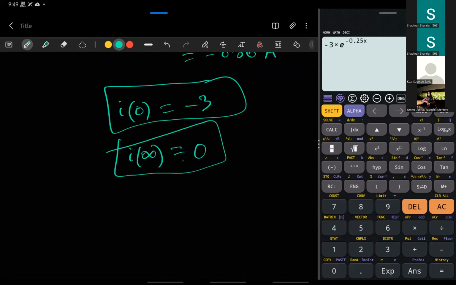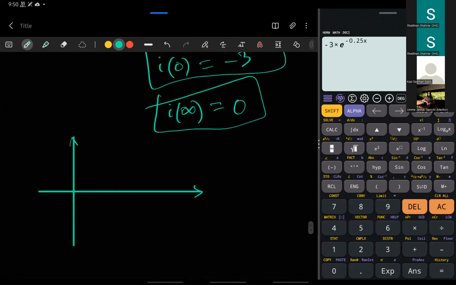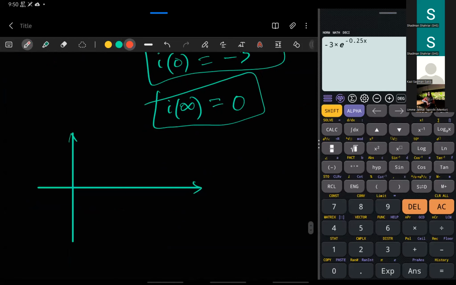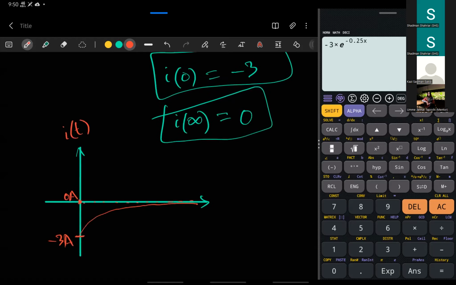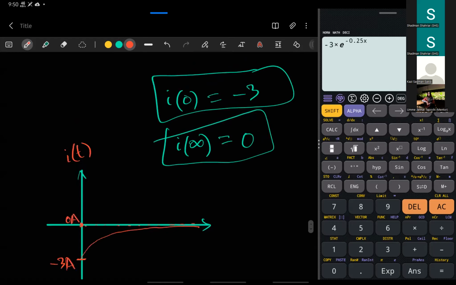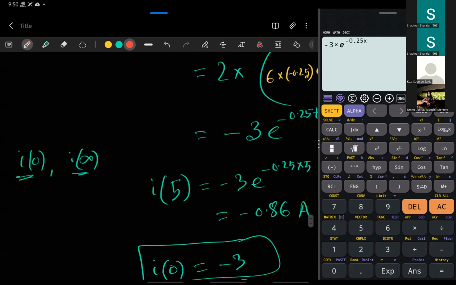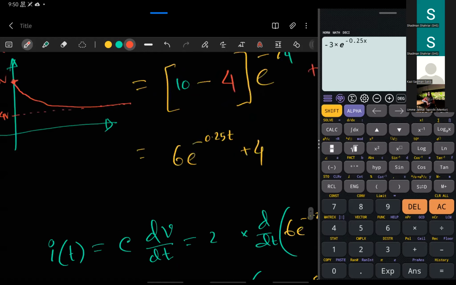So it will try to reach that 0 ampere line for I(t). That's it. And you can also try to find the value of power by just multiplying the current and the voltage part, and if you multiply this with your minus 3 e to the power minus 0.25 t, you will get your power. That's it.